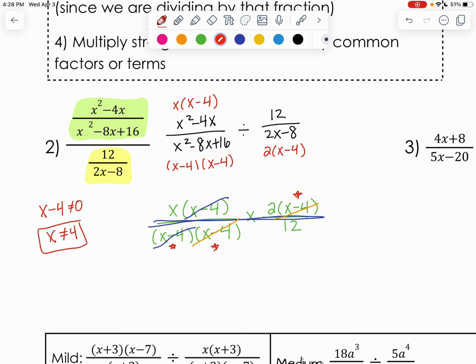Now, another thing I noticed is that we have 2 over 12, and 2 and 12 share a GCF. They're both divisible by 2. So I can simplify that by dividing 2 by 2, which is 1, and dividing 12 by 2, which is 6. So really, I have x times 1 in the numerator, so x, over just 6 in the denominator. And there's our simplified fraction.